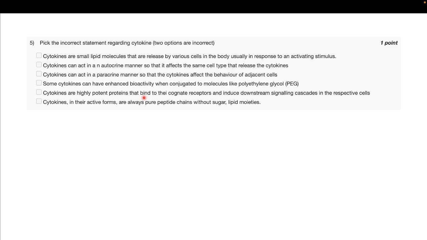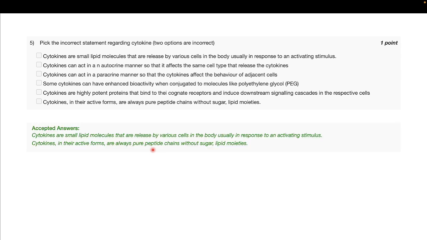So please read the questions carefully. It's asking us to choose incorrect statements. So for this, you need to know what cytokines exactly do. No more responses. Okay, let's look at the answer.